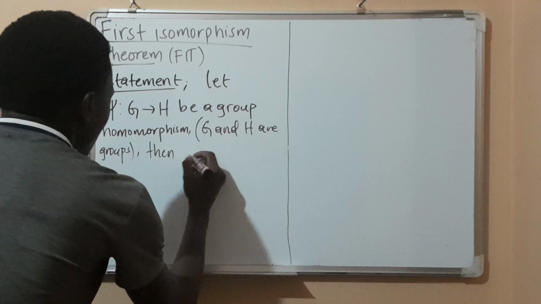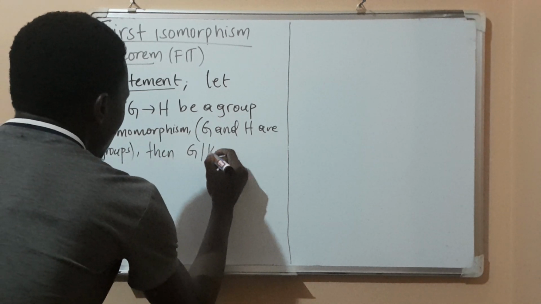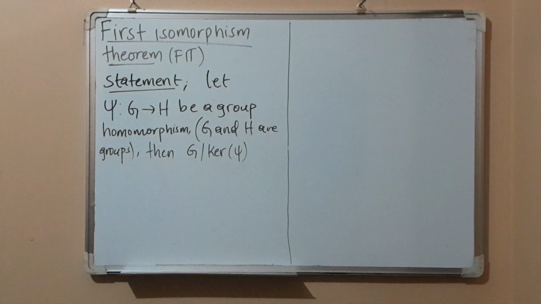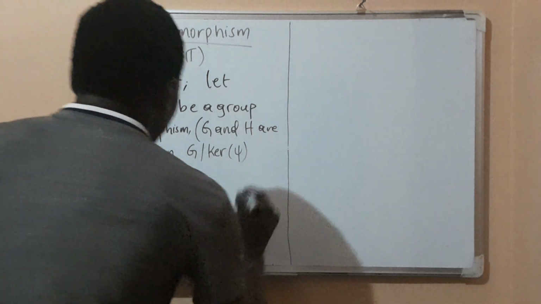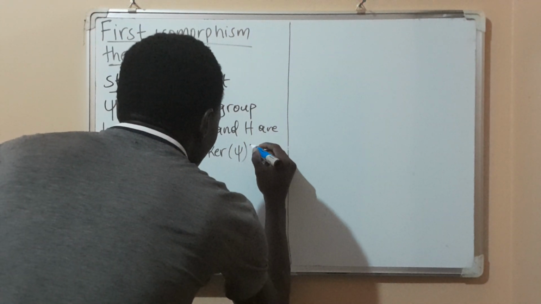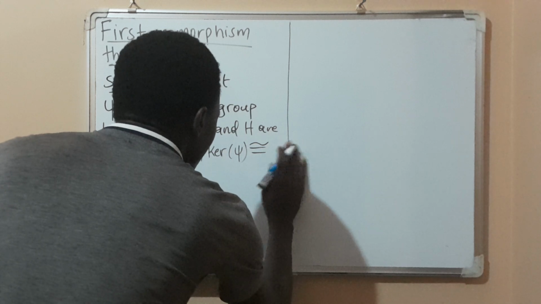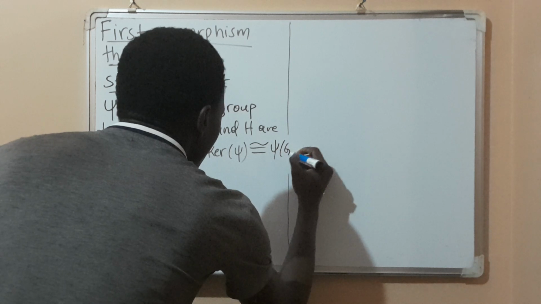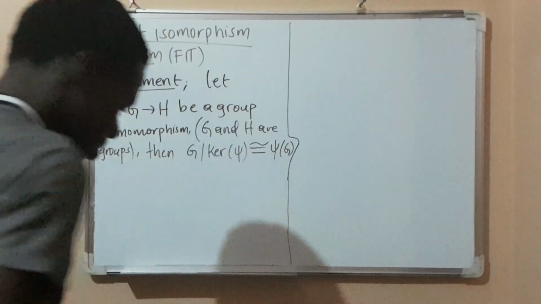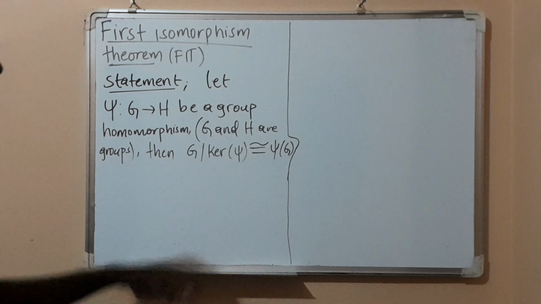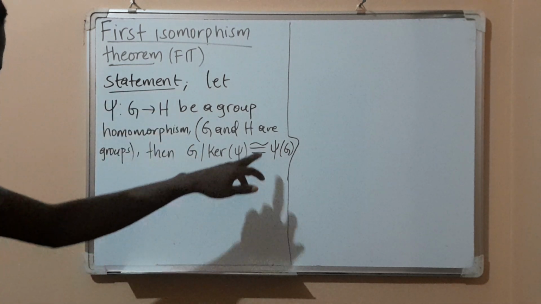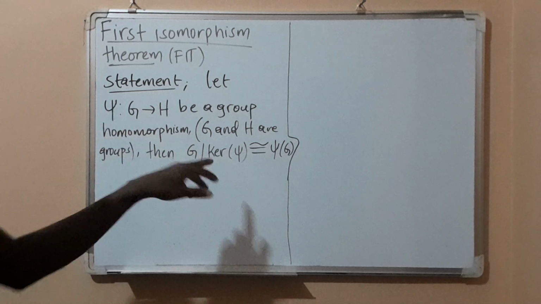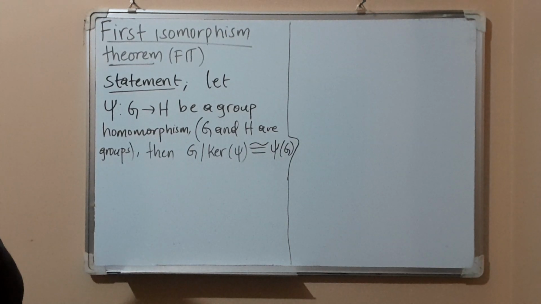Then the factor group G over the kernel of phi is isomorphic to phi of G. In general, what we are saying here is that this factor group is isomorphic to the image of that map.